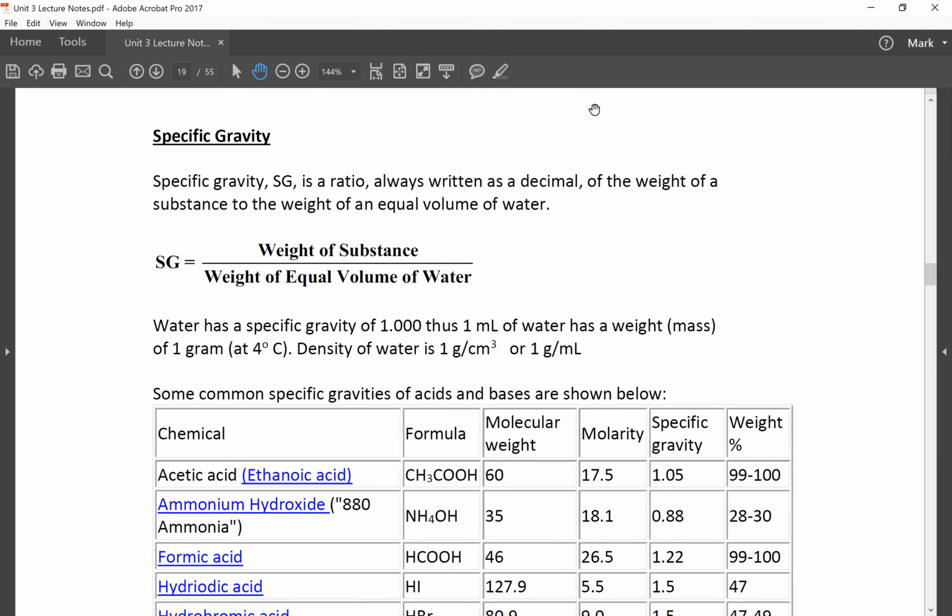Okay, so what is specific gravity? Actually, give me 1 second, guys. I got to just check something and then I'll be right back.